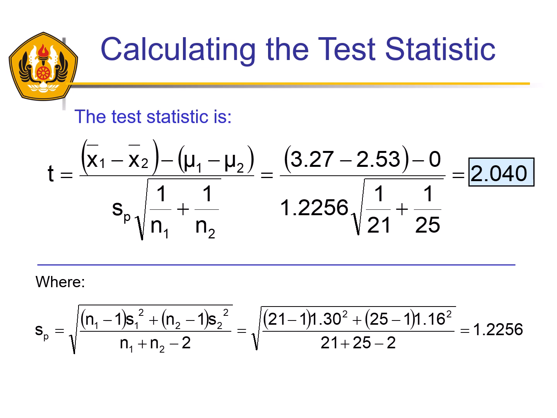And in the square root, 1 over 21 as the sample size for n1 and 1 over 25 for the sample size for sample 2. And the result is 2.040. If you are wondering where 1.2256 comes from as the pooled variance, you can check underneath. This comes from the formula written under the blue lines.